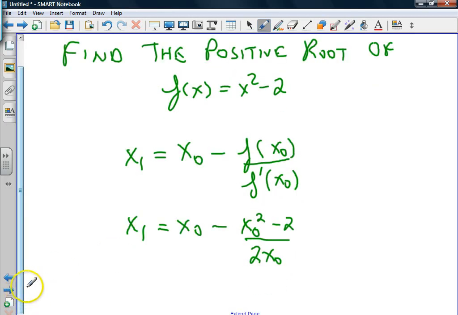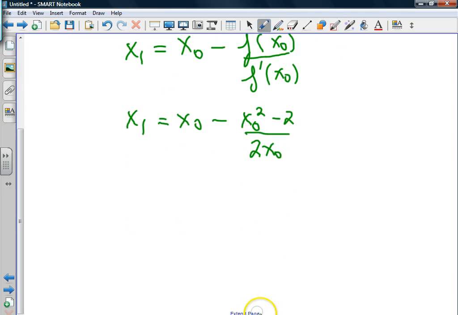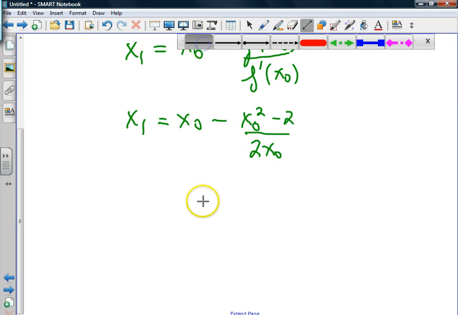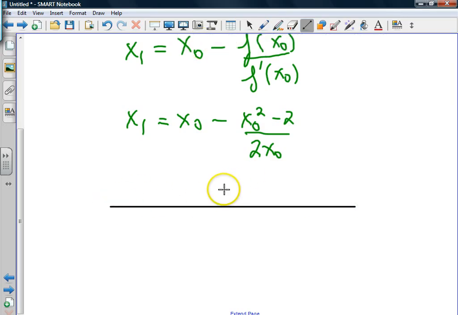Okay. Part C. Use Newton's method to estimate this root. Provide a complete convergence table. All right? So this is it. If I remember the numbers correctly, after you run the iteration, you don't need a program for this. I'm going to write a program to show you how to do programs, because we're going to need to do programming later.